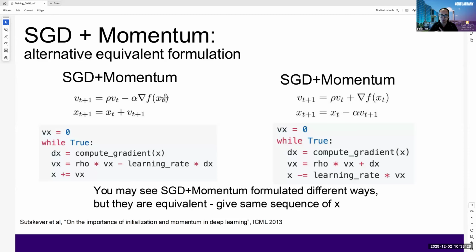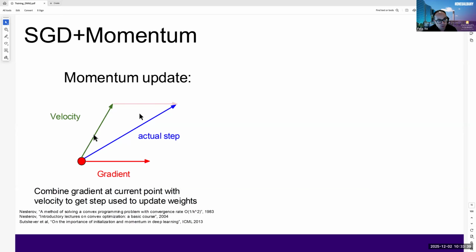You shrink the previous velocity a little bit, then you add the gradient information. So this is the actual step you are going to apply. It combines the gradient at the current point with the velocity to get the step used to update the weights.